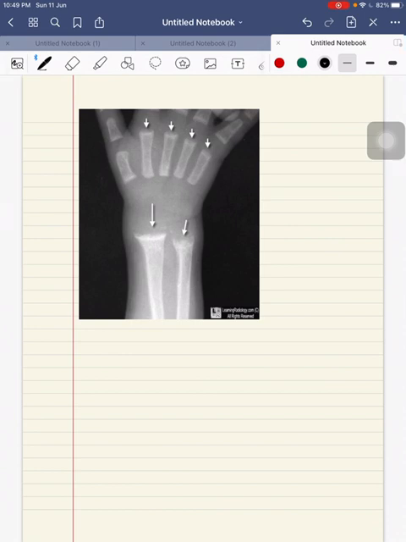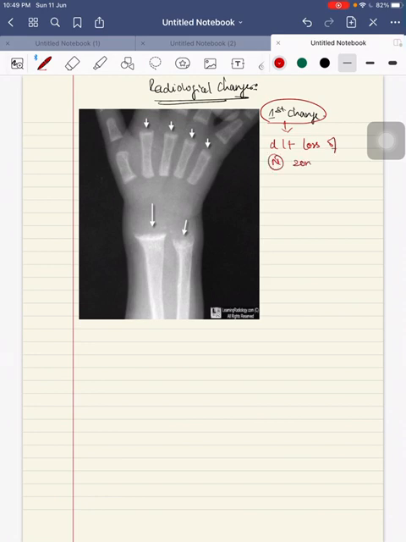The first change that occurs, that is the radiological change, occurs due to the loss of the normal zone of calcification at the metaphysis.